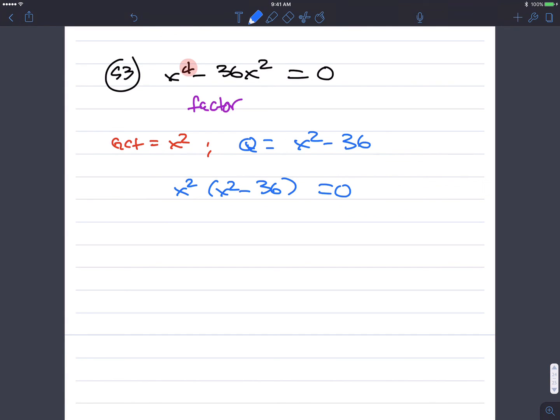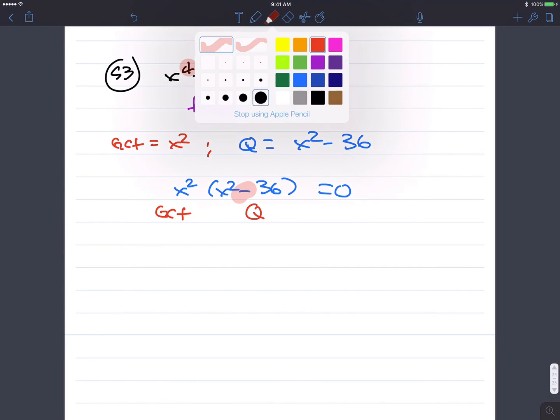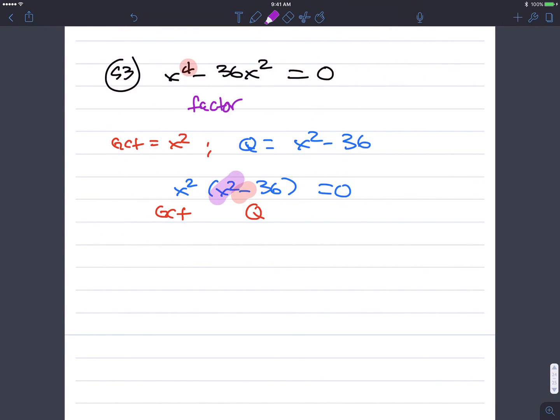So when I put this all together, I got my greatest common factor and I got my quotient. What do I notice about this quotient? It's a difference again of perfect squares. So let's factor: x plus 6, x minus 6.